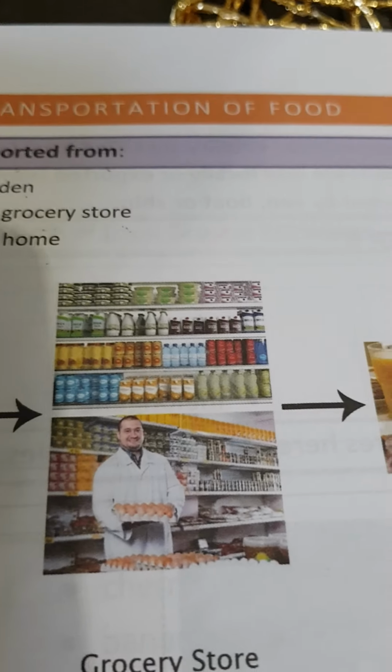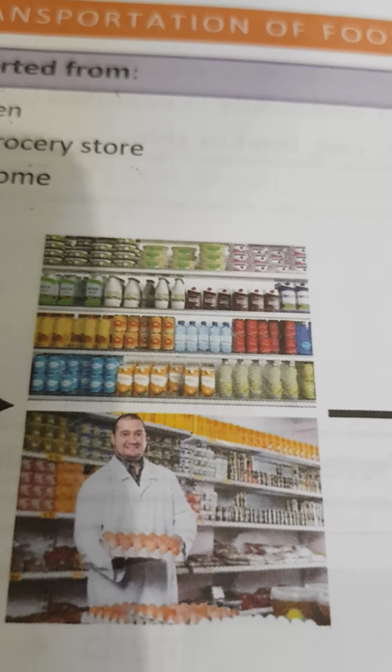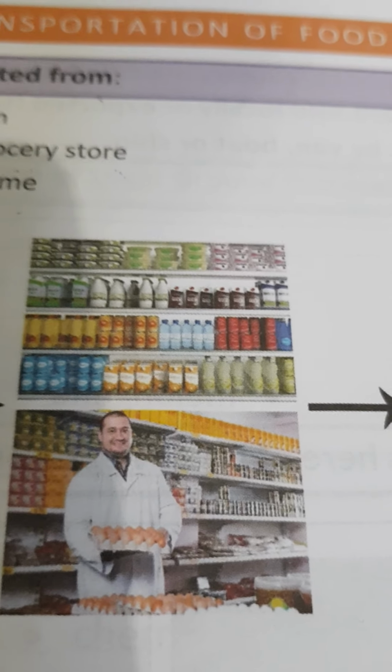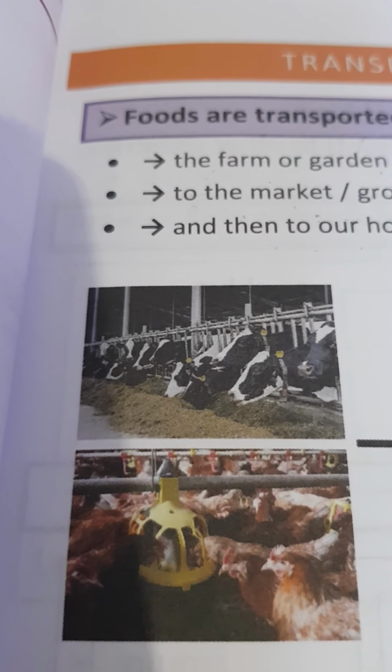And have you ever been to the market? Right? And then it's going to our home, where we are going to make lovely, delicious meals with the produce that we got from the market or grocery, and that came from the farm or garden.